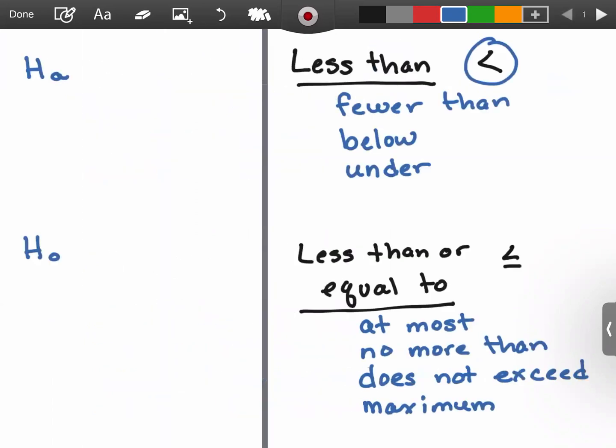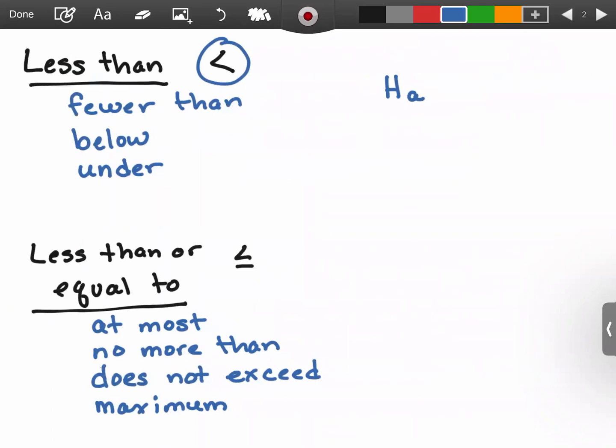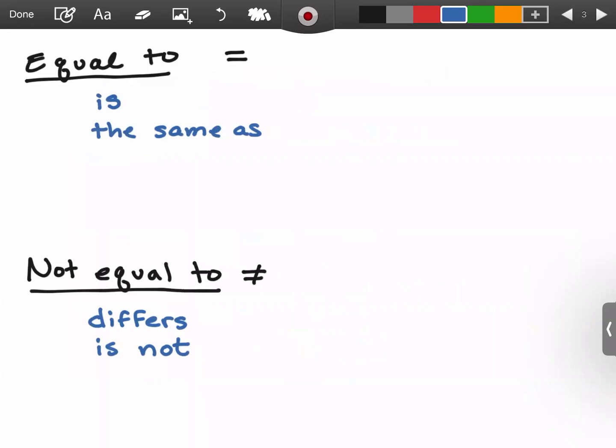And if it's a less than or equal to sign, some keywords might be that some number is at most, or no more than, or does not exceed, or at a maximum, we're going to use the less than or equal to sign, which, because there's an equal to part, is going to go under H0.